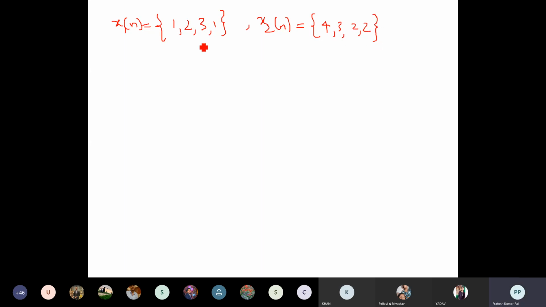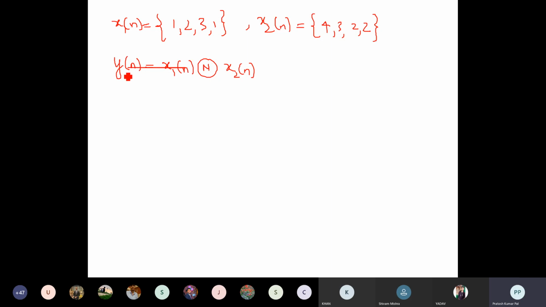What we need to find out is the circular convolution of these two signals x1 and x2. Suppose we have a signal y of n, which is the circular convolution of x1 and x2.